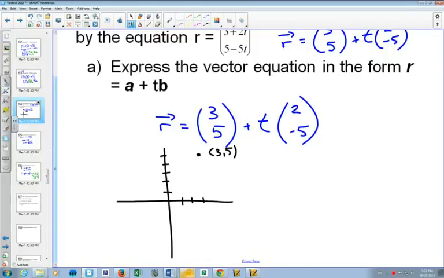And then my direction vector says go 2 more to the right and 5 down. And there's my equation of my line. There's my graph. You've got a point to start with, and then you have sort of a slope to go with that, but just a direction vector, and you can find another point and draw that line quite easily.